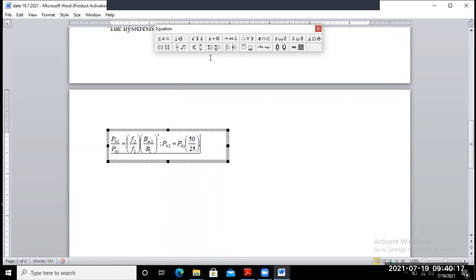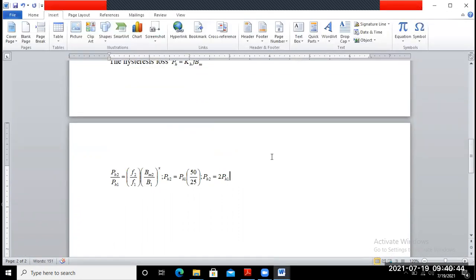So here Ph2 equal to 2 times of Ph1. When you find out in percentage, that means Ph2 divided by P2 equals 2 Ph1 divided by 2 P1.